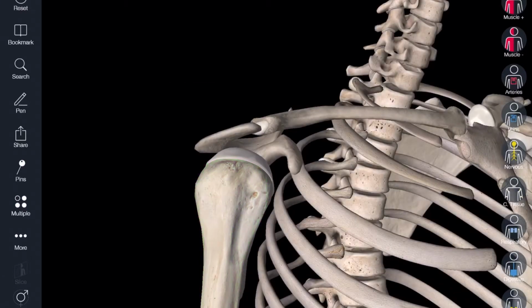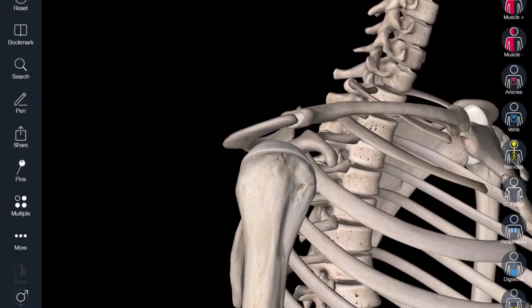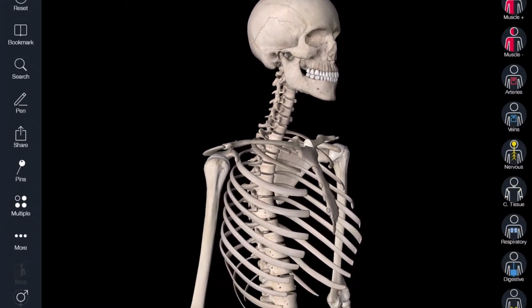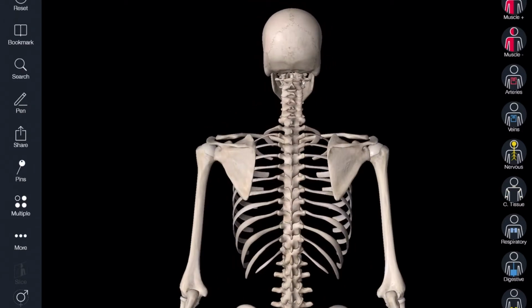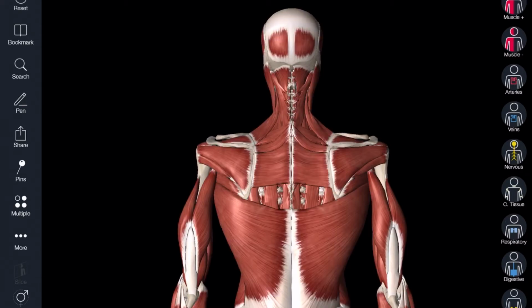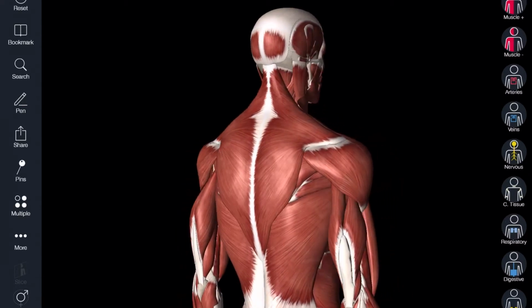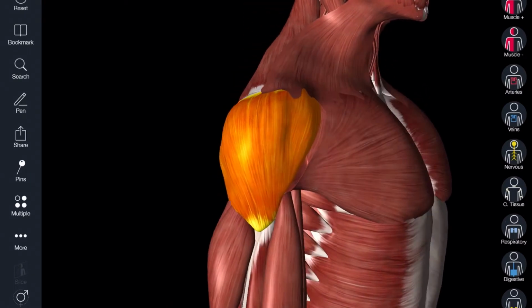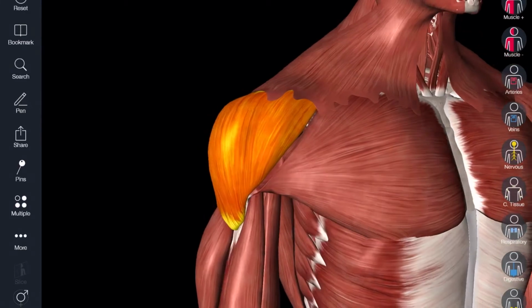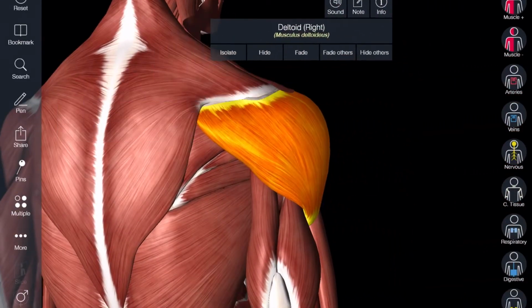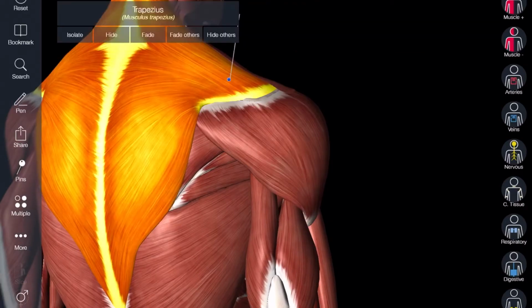The first muscle we're going to look at today is the deltoid. Let's start out with looking at all of them, and then we'll go through one by one. So let's add some muscles onto our model here. Okay. So here's the deltoid. This is one muscle we're looking at today. Another we're looking at today is trapezius.